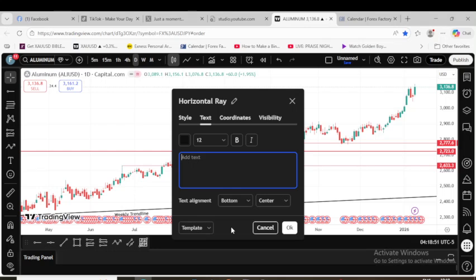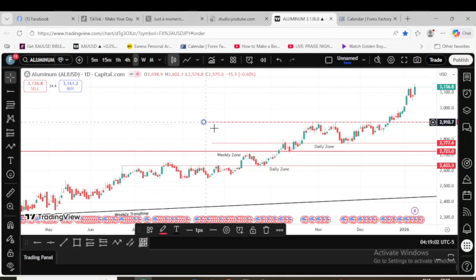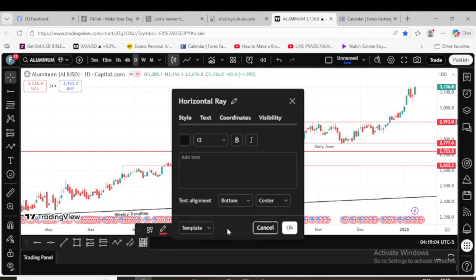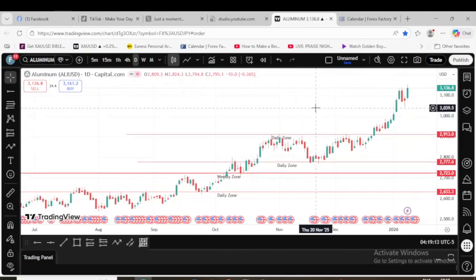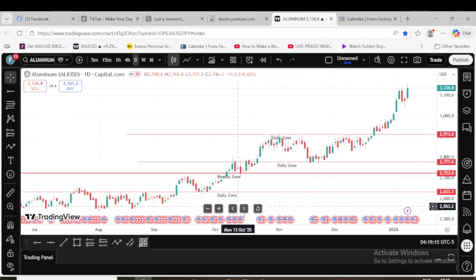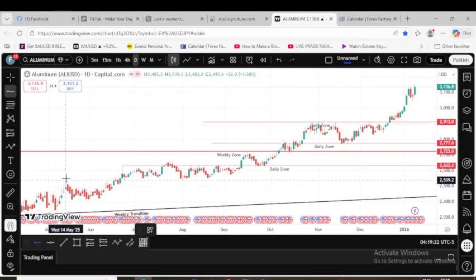We have another daily zone. We also have a daily zone here.